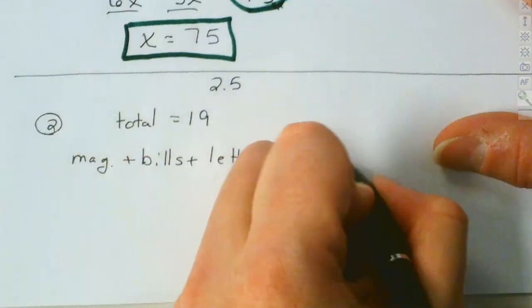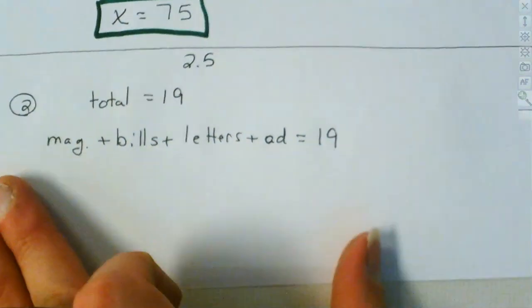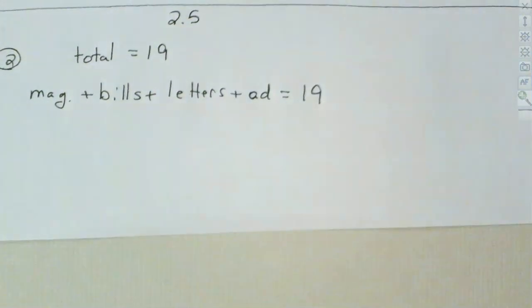And we know that these all go together to give you 19. So whenever we look at an application, that's the first thing I try to do. Figure out where to begin. So first thing I saw was that 19. Okay, what does that 19 represent? Total pieces of mail. What's in the mail? Magazines, bills, letters, ads. Okay, simple enough there.